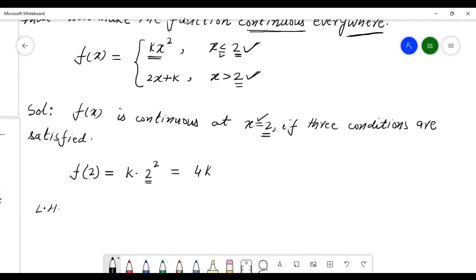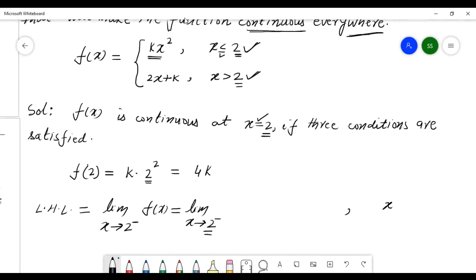First, the left hand limit: the limit as x goes to 2 minus of f(x) is equal to what? What is the meaning of x goes to 2 minus? It means x is less than 2.